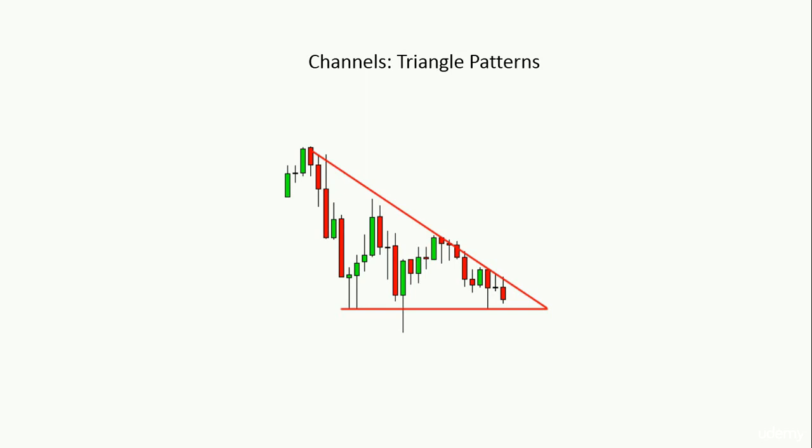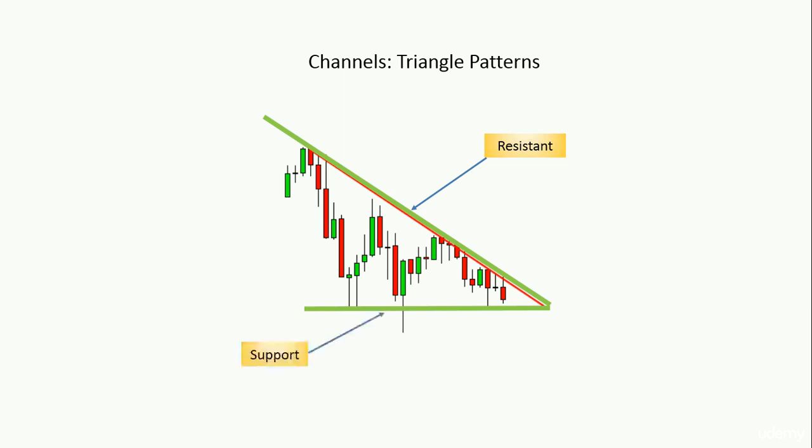It is characterized by two intersecting trend lines, as you can see here. The upper one, or the resistance line, is trending down, while the support line is nearly flat. The breakout is expected to be to the downside. However, the breakout from this pattern could be to either side of the channel.